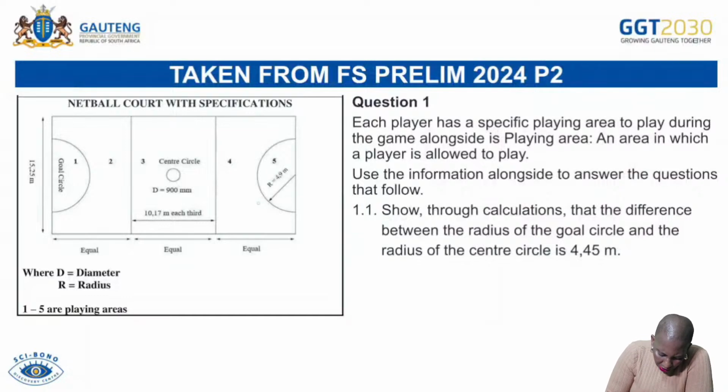We are having the radius of this one, of the goal circle. It's given. So we are saying here the goal circle, the radius there is equals to what? It's equals to 4,9 meters.